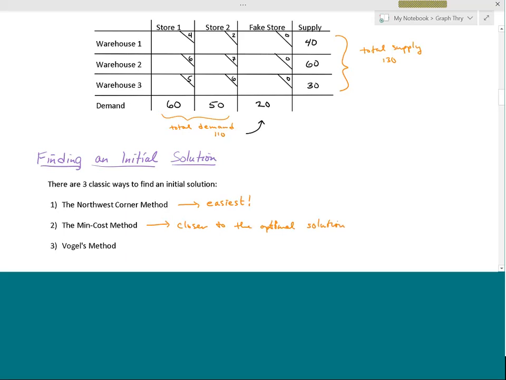And Vogel's method, named after a guy whose last name was Vogel, for simple transportation problems typically gives you the actual solution, but definitely takes more work.